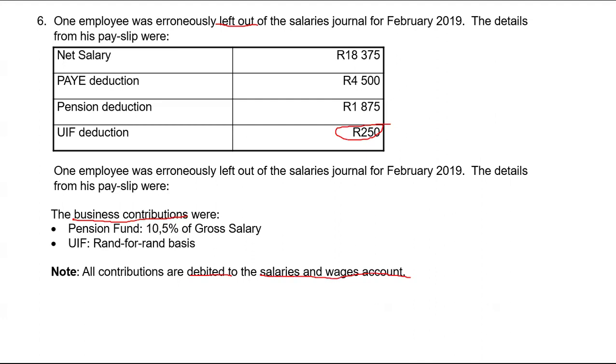It means that we will not have a separate account for all the contributions. So all the contributions will be added to salaries and wages. Normally, to salaries and wages, we only add gross salary. Remember, gross salary minus the deductions will give us a net salary.